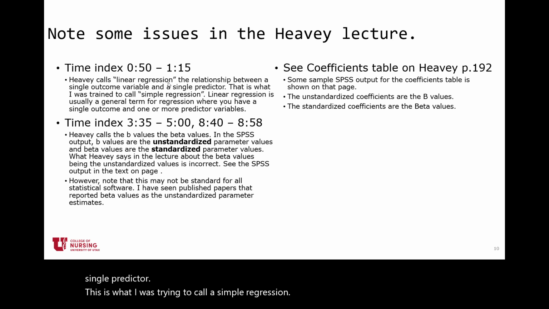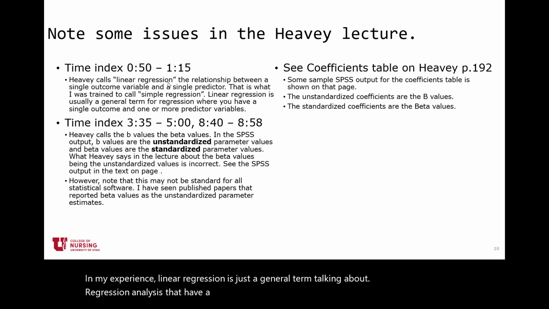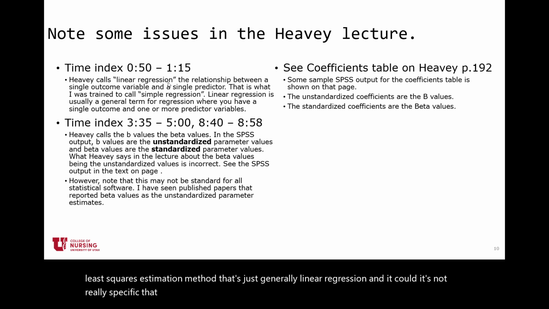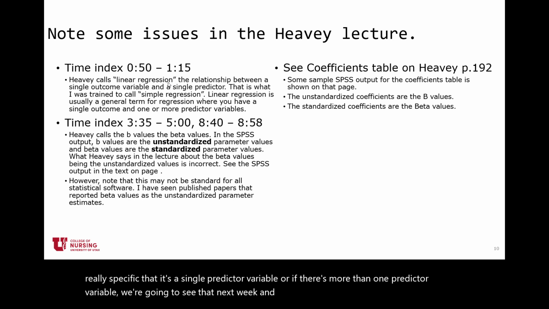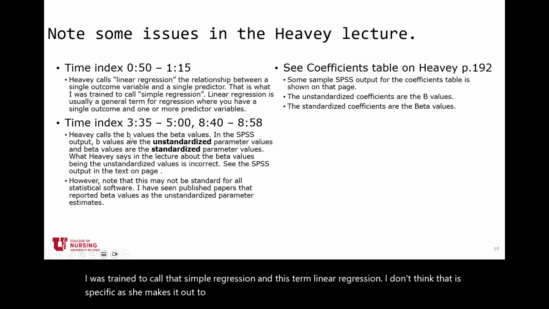In my experience, linear regression is just a general term talking about regression analyses that have a single continuous outcome, and you're using this ordinary least squares estimation method. That's just generally linear regression, and it's not really specific that it's a single predictor variable or if there's more than one predictor variable. We're going to see that next week, and so just be aware that I was trained to call that simple regression, and this term linear regression, I don't think that is specific as she makes it out to be in the lecture.